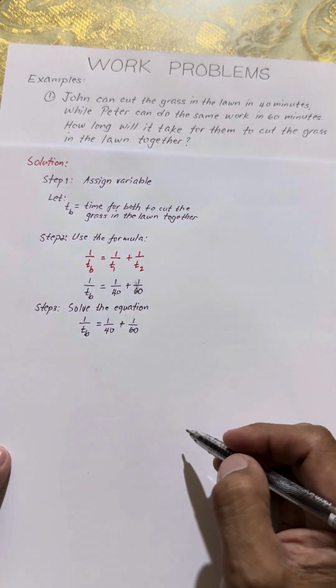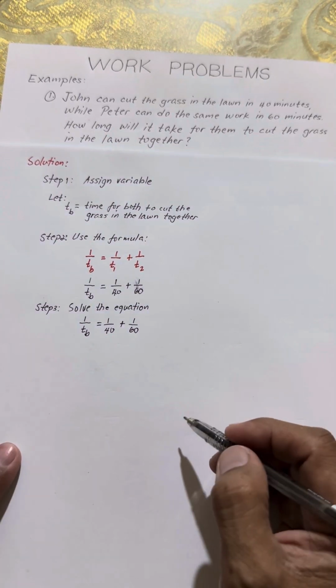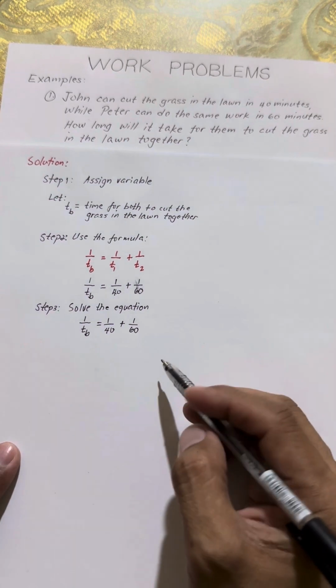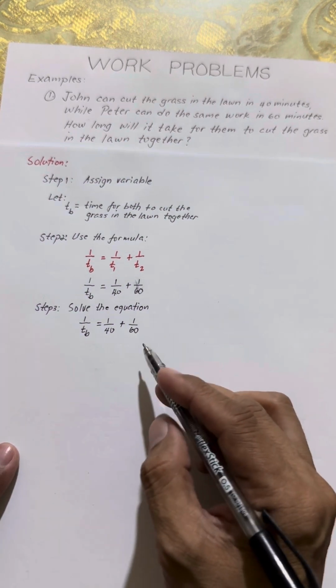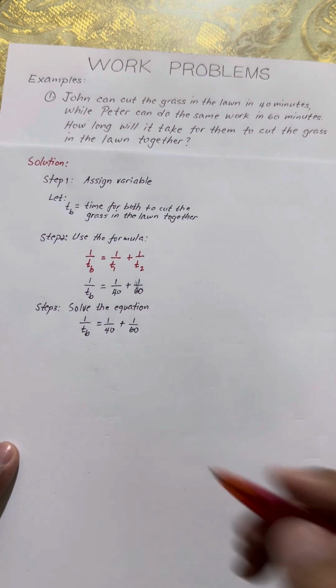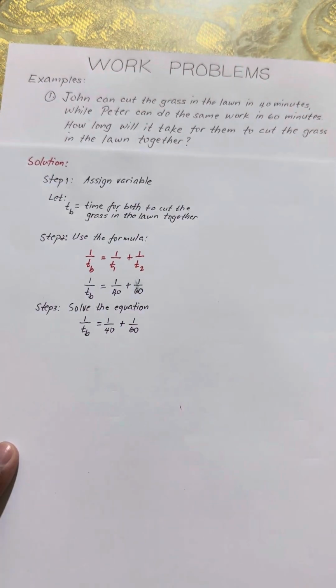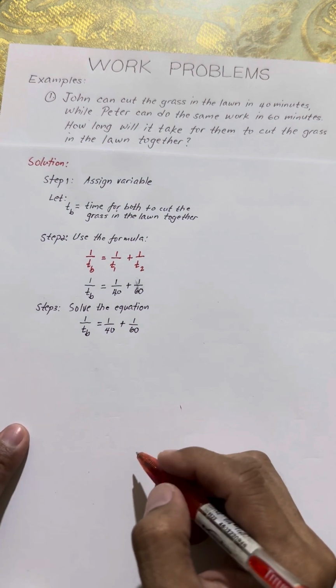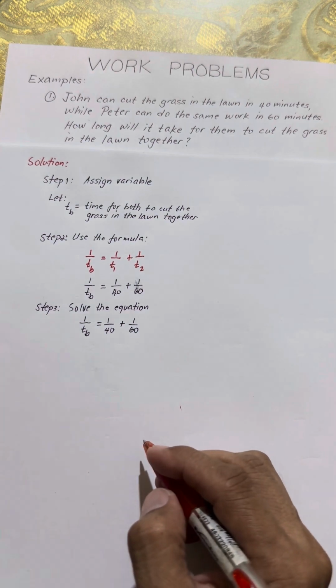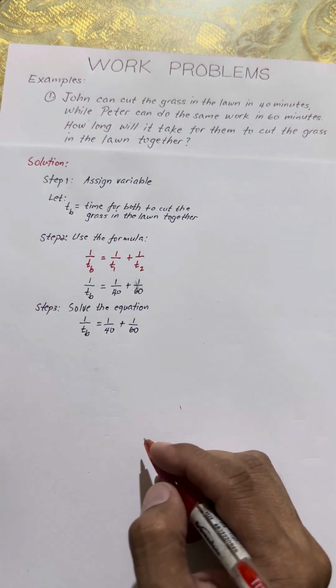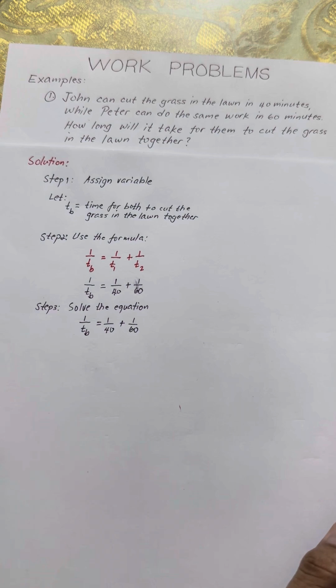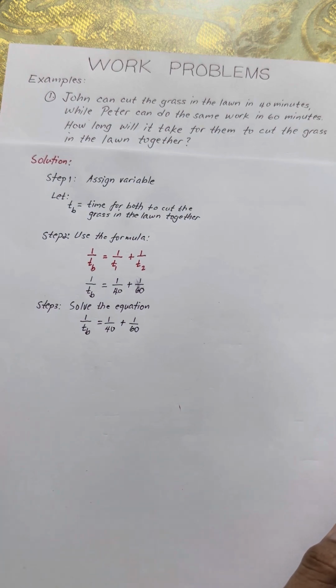Okay, so there are two ways of doing this. Finding the LCM on both sides, or just the LCM on the right side, just to eliminate the fractions on the right side, because it's easier to solve the equation when it is expressed in non-fractional form.